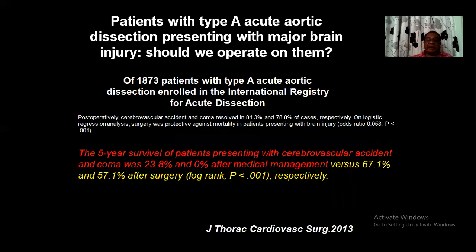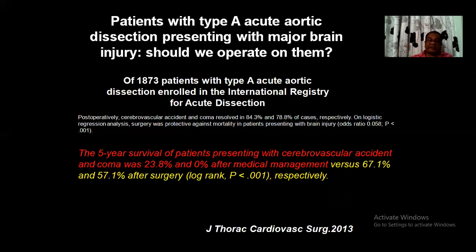Patient with type A aortic dissection presenting with major brain injury, should we operate on them or not? There is a study in which 1,873 patients were included with type A acute aortic dissection in that registry.